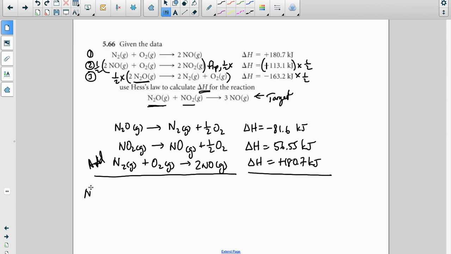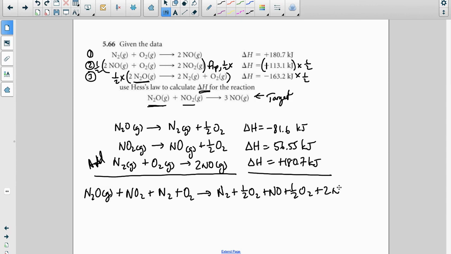Actually, let me just write this out instead of cutting some steps. Okay, everything on the left is going to be added up onto the left-hand side. N2 plus O2, right side of the arrow. N2 plus 1/2 O2 plus NO plus 1/2 O2 plus 2 NO.